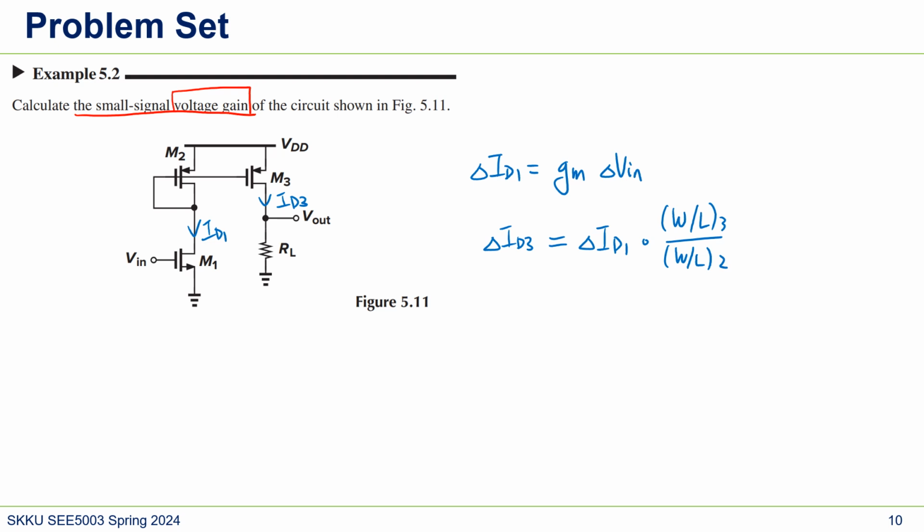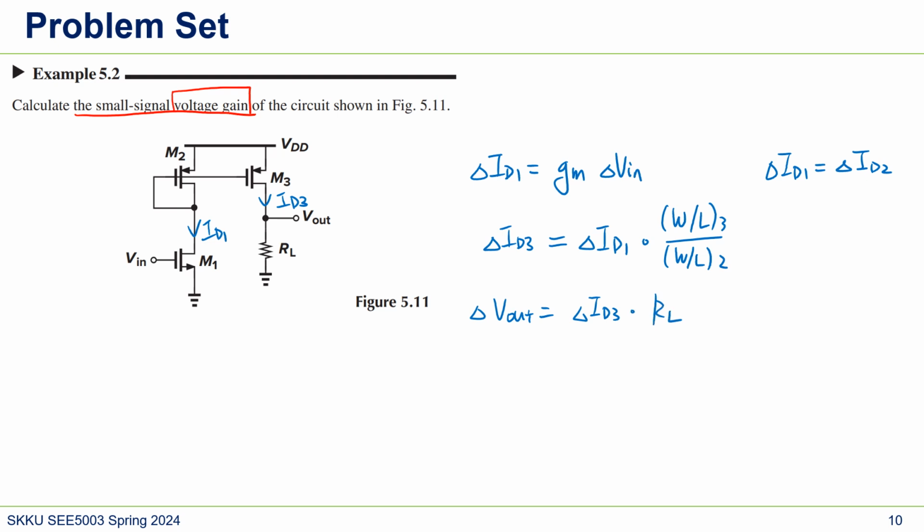Well, note that delta ID1 is delta ID2 because they're in the same branch. And then the output would be the Vout. Delta Vout is delta ID3 times RL.